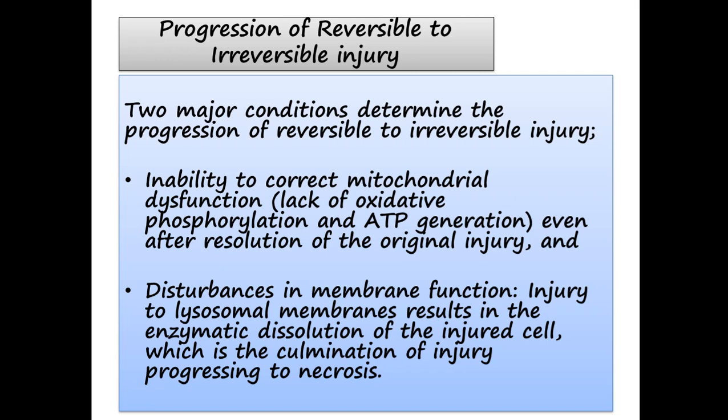And if the cell plasma membrane is damaged beyond repair, what will happen? The cell will rupture. So the two important things are the inability to correct mitochondrial dysfunction and irreversible damage to the plasma membrane and membranes of the cell organelles.